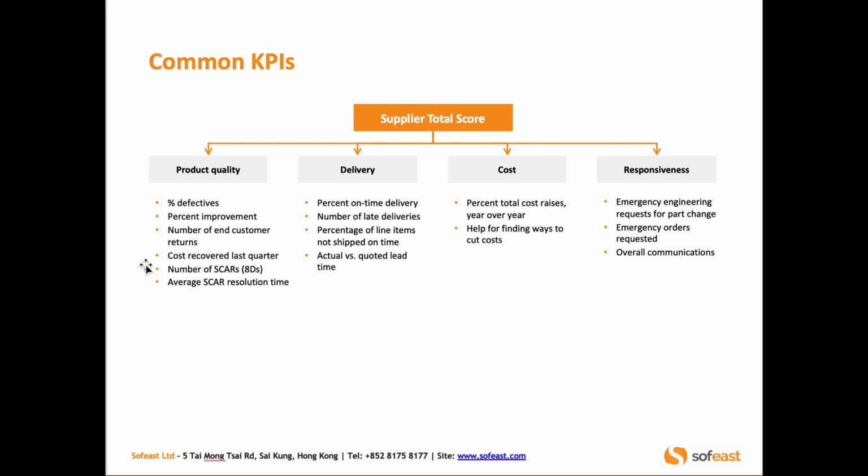How much did we charge back to each supplier? And the number of 8Ds that we open, and also do they really work on the 8D? Do they hurry up? Do they close the 8D or not?